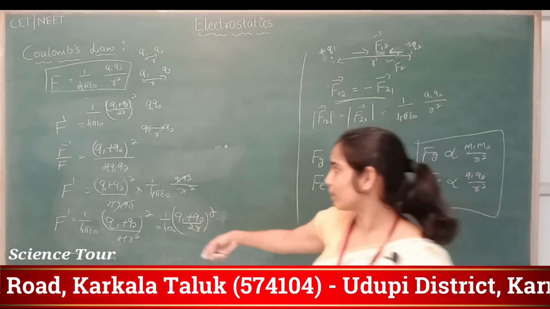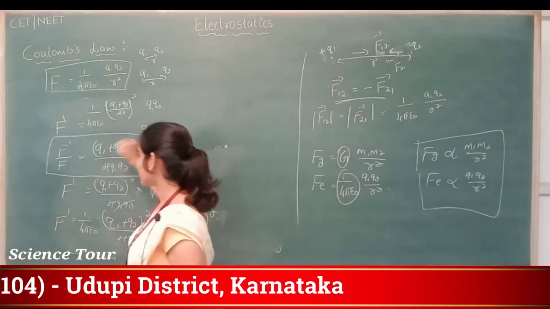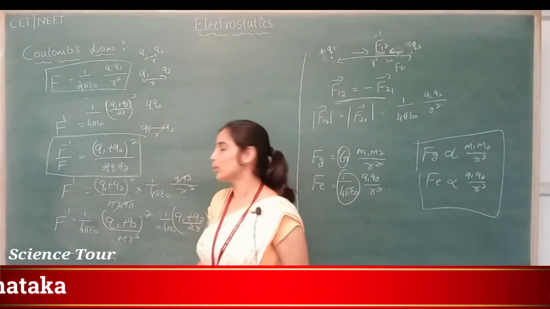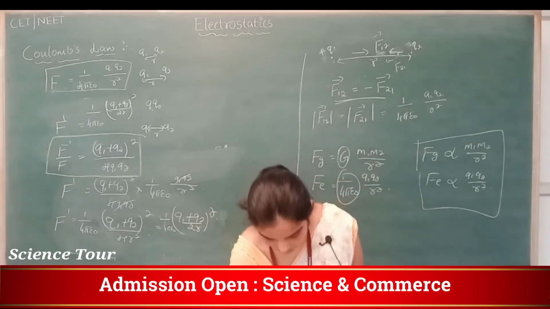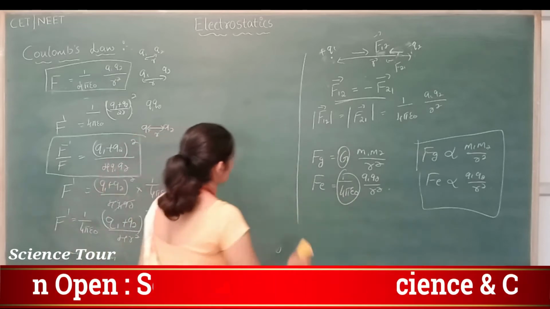So their ratio will be this much. The force after separation by the force before separation is equal to this much. Yes, now another scenario. So there are two charges, okay.